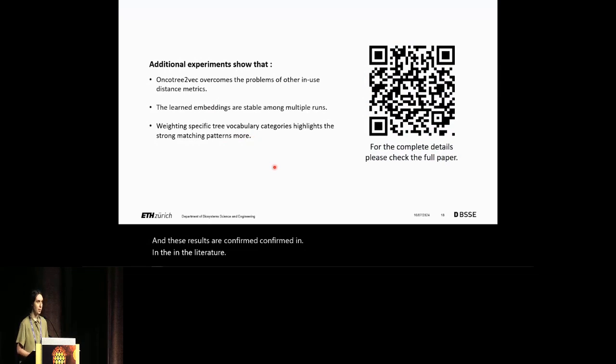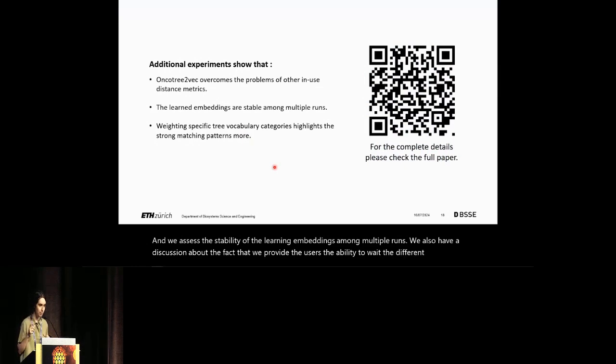So, of course, in the paper, we show many other experiments, comparisons to other in-use distance metrics, and we assess the stability of the learned embeddings among multiple runs. We also have a discussion about the fact that we provide the user the ability to weight the different categories in the node relations vocabulary.